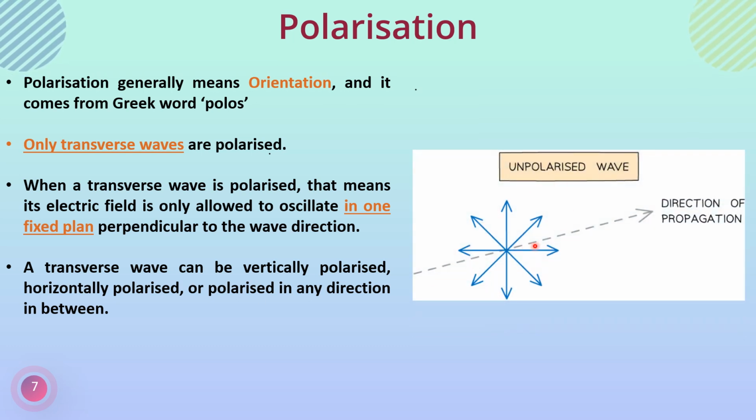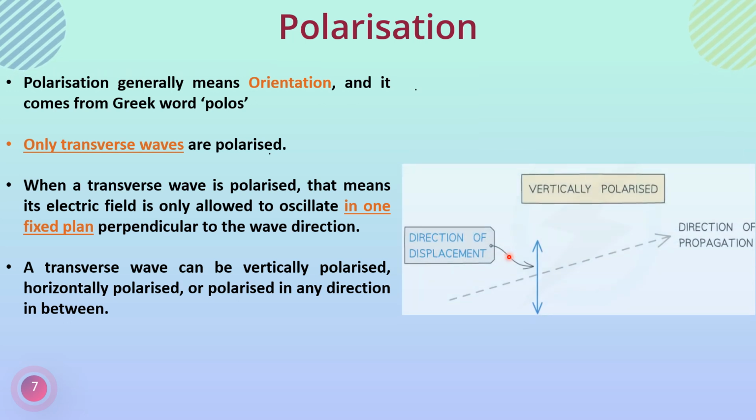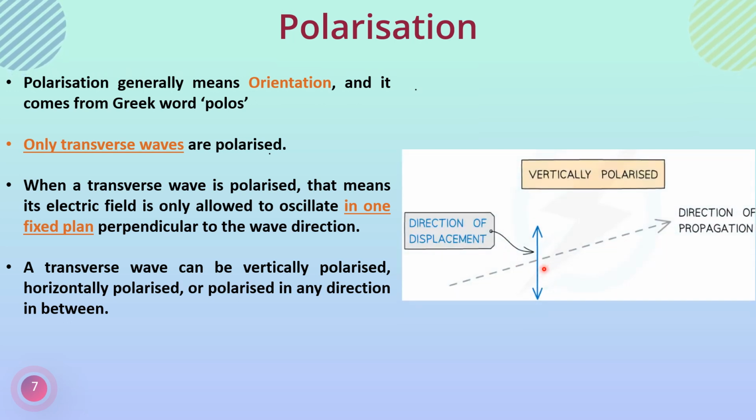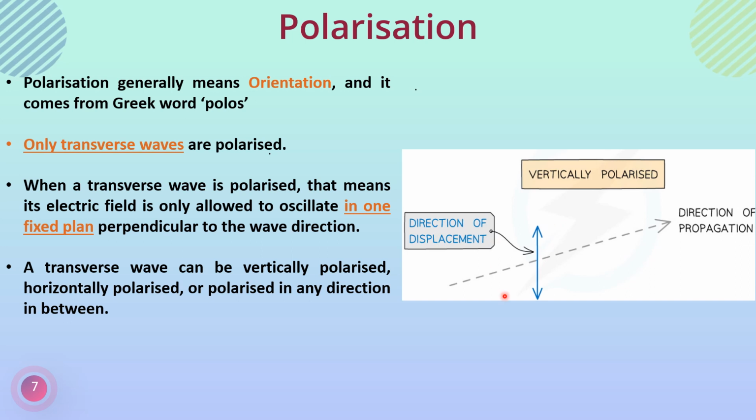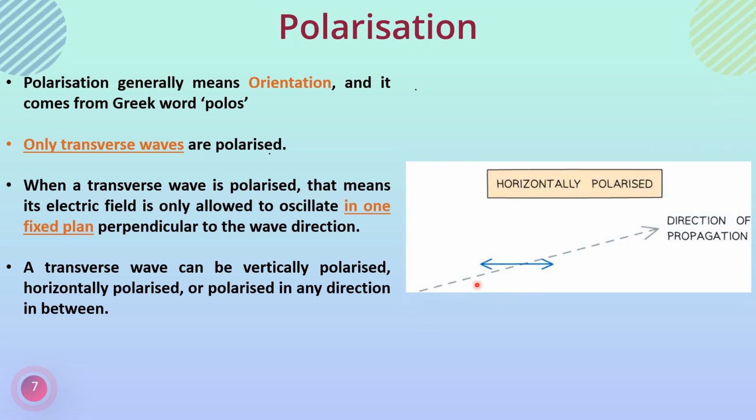This is an unpolarized wave. Remember the notation of the unpolarized wave: you draw four arrows crossing at the origin. This is vertically polarized, so you only allow the vertical line, or the vertical plane, to pass through. And this is the horizontal one.